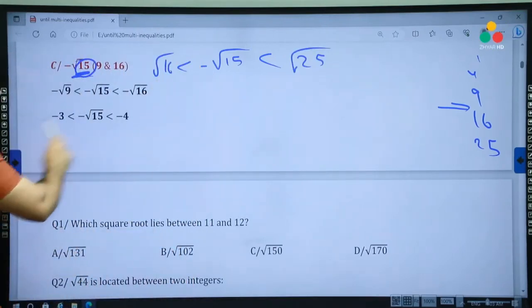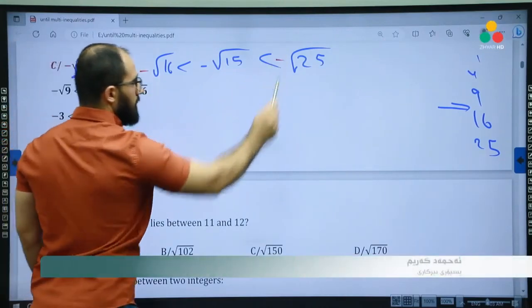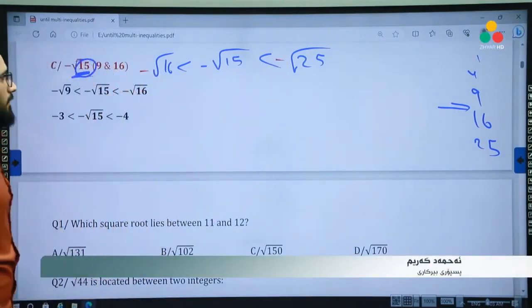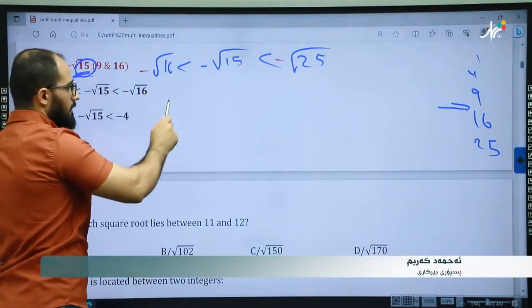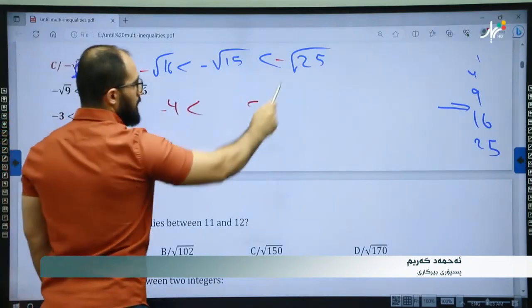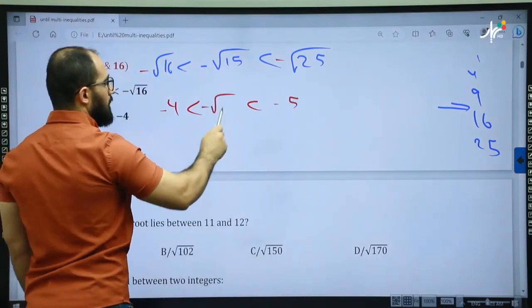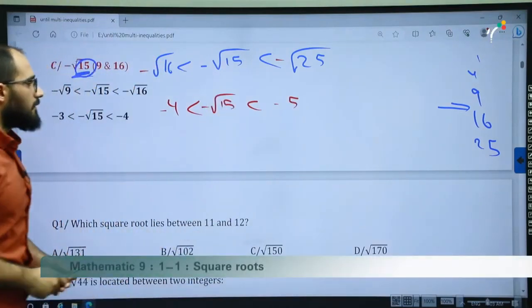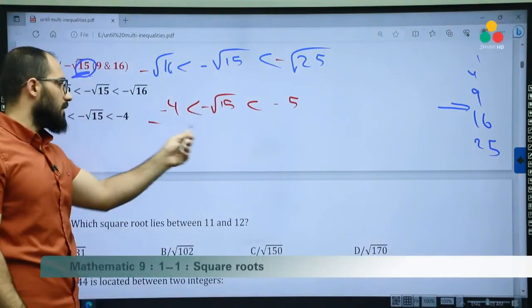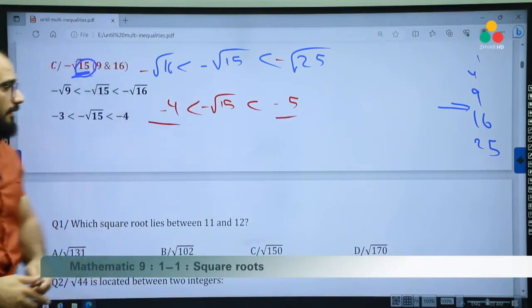Then we are going to write the negative. The square root of 16 is 4, and the square root of 25 is 5. So the negative square root of 15 is located between negative 4 and negative 5.